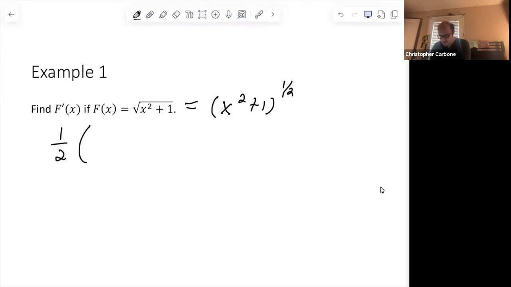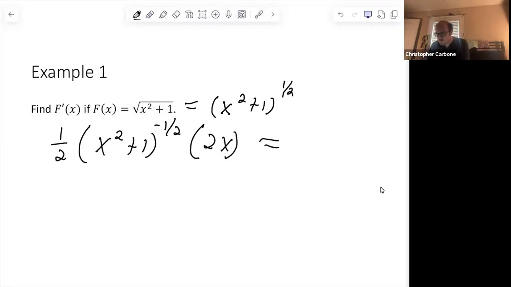So 1/2 times x squared plus 1 to the negative 1/2 times the derivative of the inside now. The inside being x squared plus 1, we want the derivative of that, which is just 2x. So slightly rewriting this a bit, it makes x divided by x squared plus 1 to the 1/2, or the square root of x squared plus 1, based upon this function.